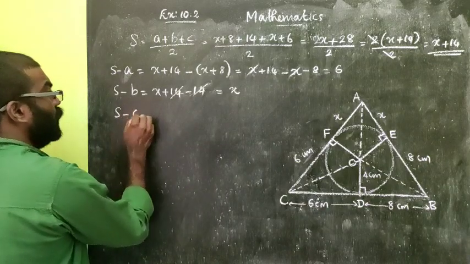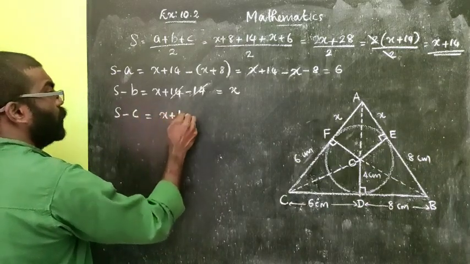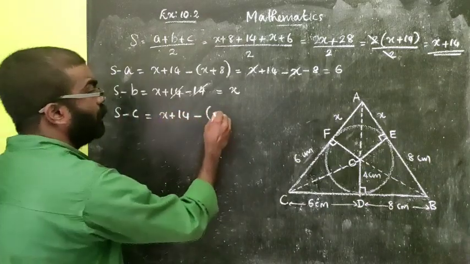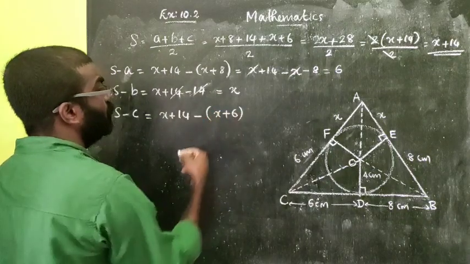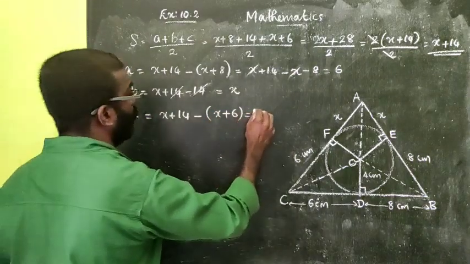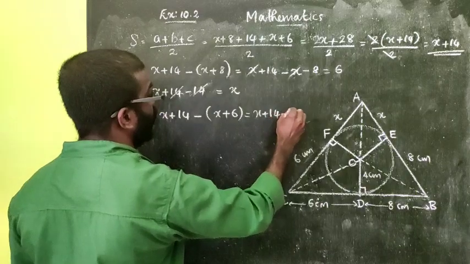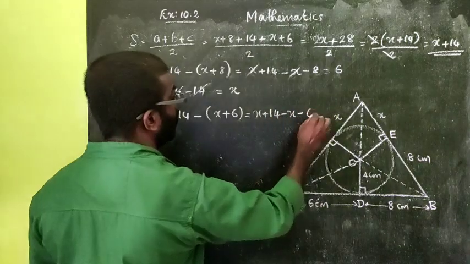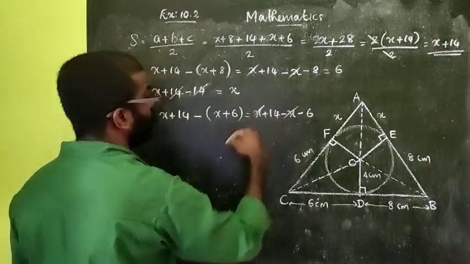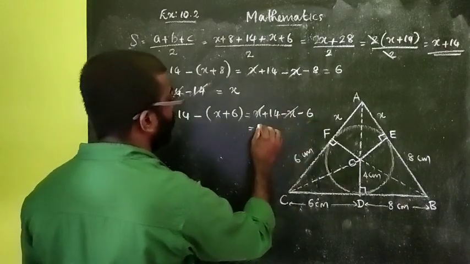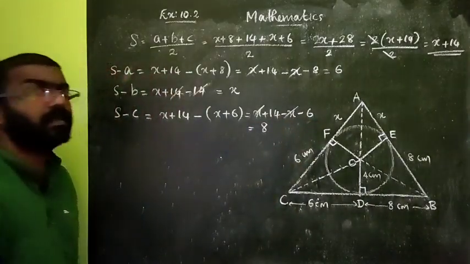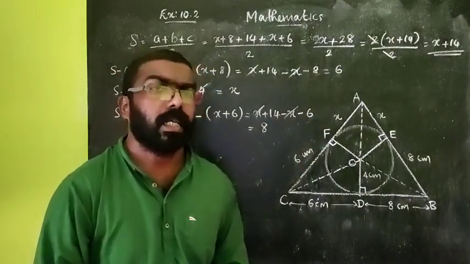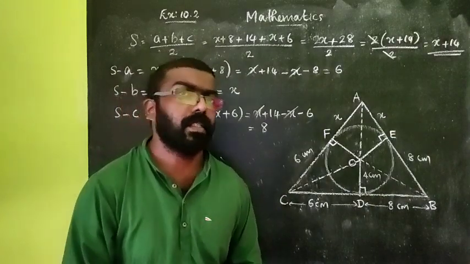Then s minus c: x plus 14 minus x plus 6, which is equal to x plus 14 minus x minus 6. Minus x plus x cancel. 14 minus 6 is 8.